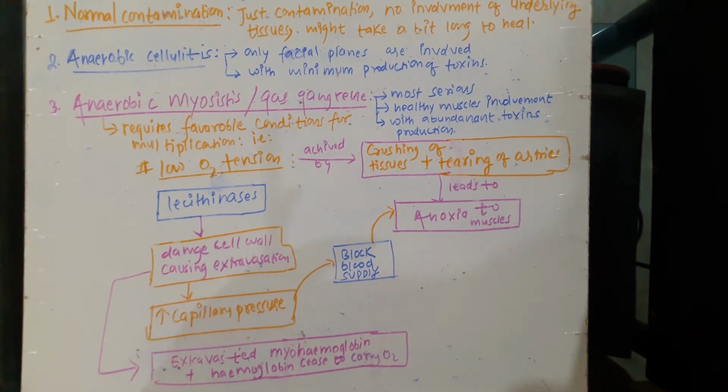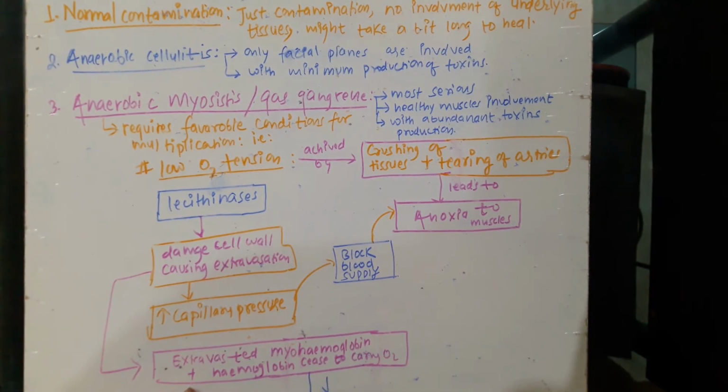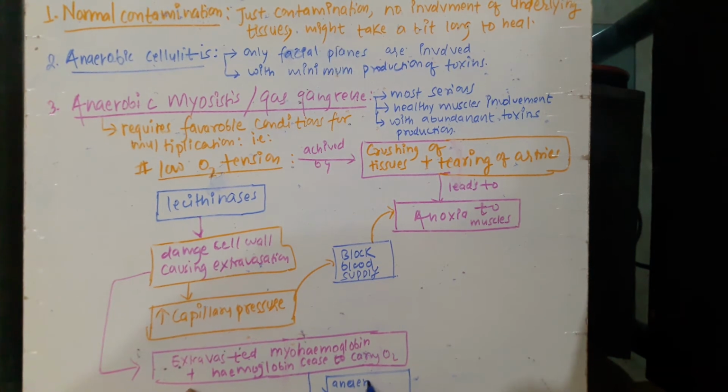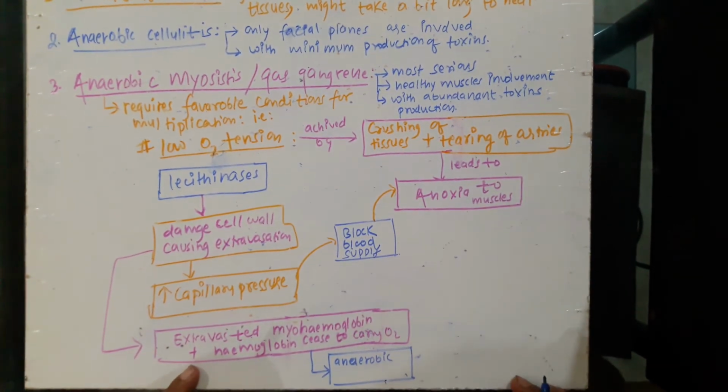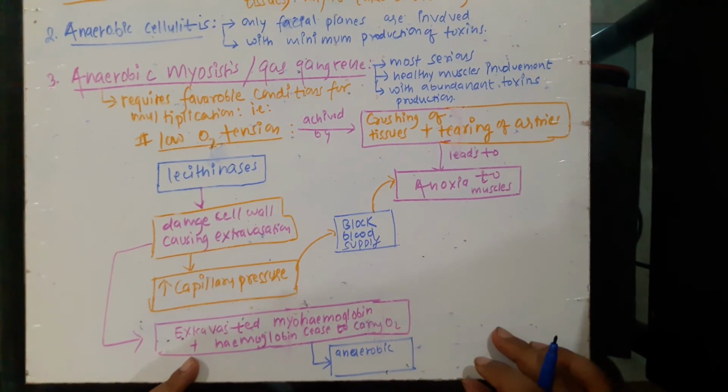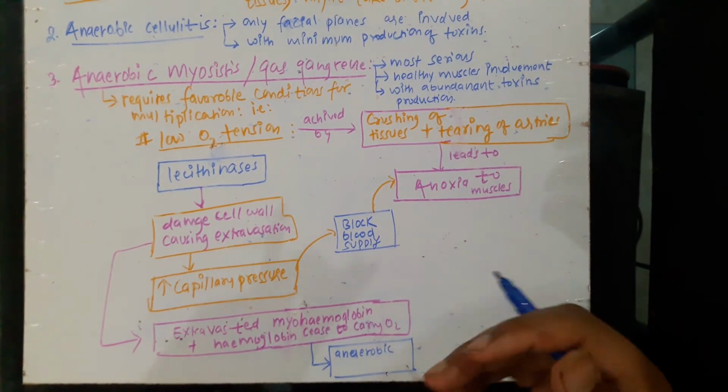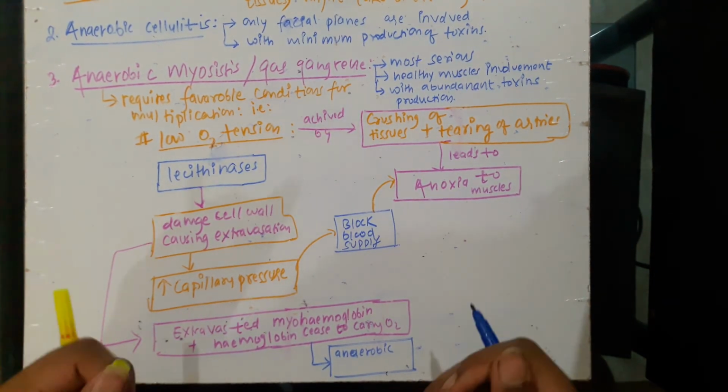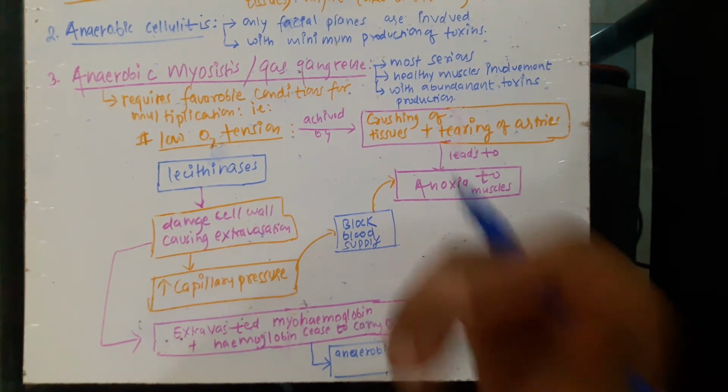And what this does is it causes anaerobic respiration. If there is no air supply, no oxygen supply, then the cells cannot undergo aerobic respiration, so they undergo anaerobic respiration.